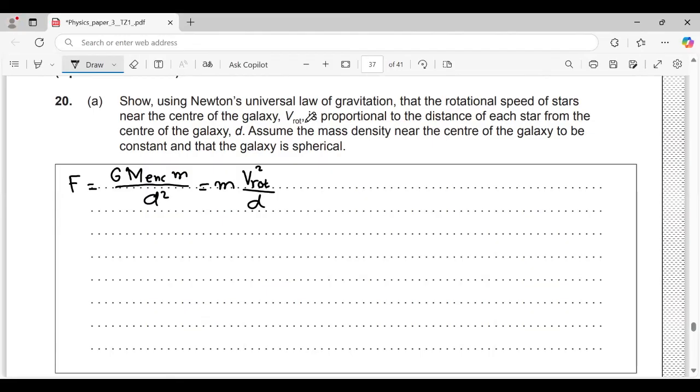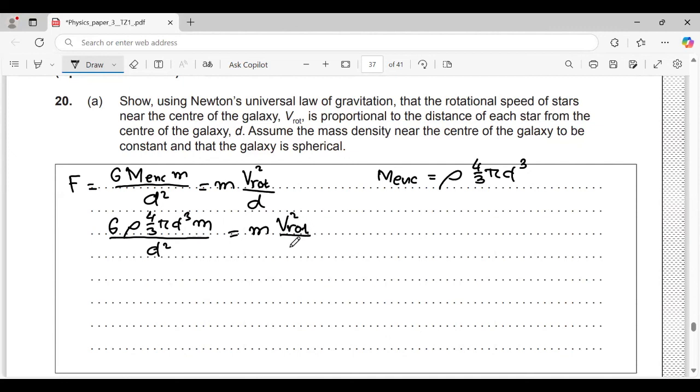Now we are going to substitute: mass enclosed equals rho times 4/3 pi d cubed. Substituting into these equations, it's going to be G times rho 4/3 pi d cubed m over d squared equals m v root squared over d.